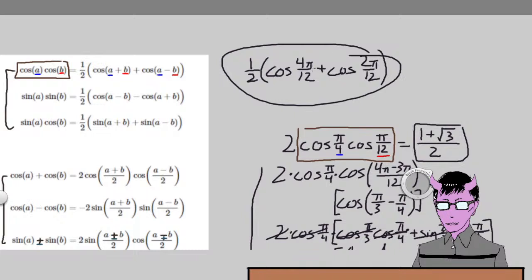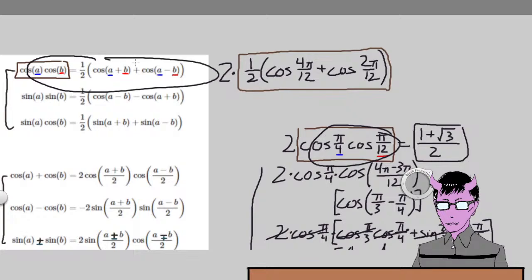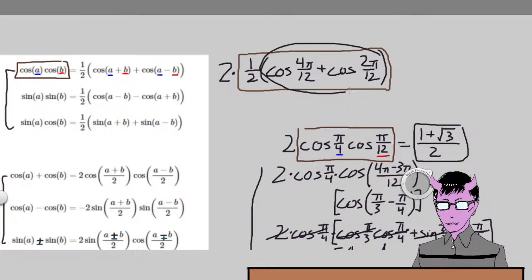So all of this is happening inside the brown box, but don't forget we have a 2 on the outside. So just for visual clarity, we'll put the box and then we'll put the 2 on the outside. So that is there, and then this one gets applied to this algorithm, thereby getting us this one.